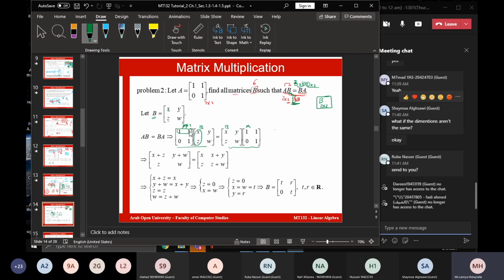What is the value? 1 times X plus 1 times Z. So the first value is X plus Z. And then with the second column, 1 times Y plus 1 times W. So that will be Y plus W. And then we move to the second row.